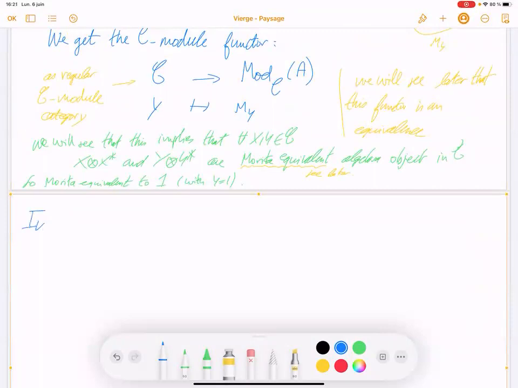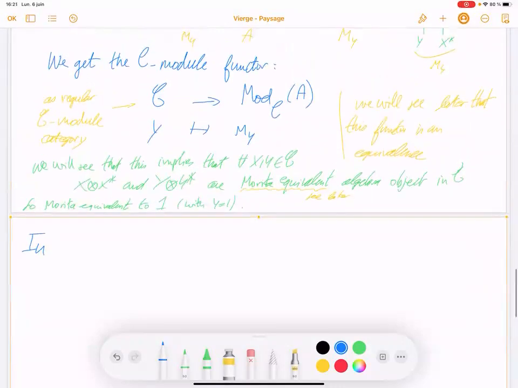In general, that will generalize the previous construction, providing another construction from C to mod CA. Here, the previous construction was for A of the form x tensor x star, but we can provide another generalization of that.